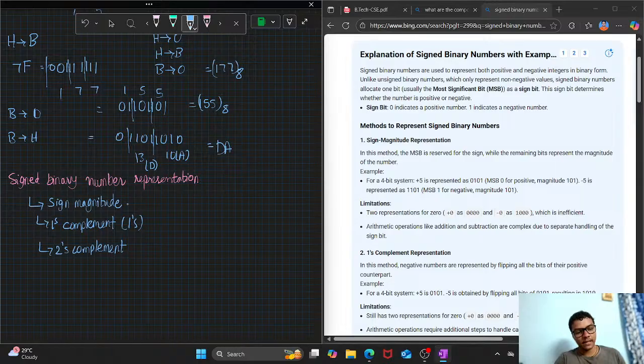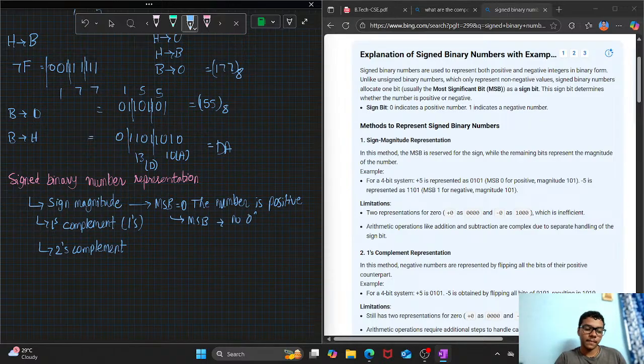So the sign magnitude is basically the MSB is 0. That means the number is positive. If MSB is 1, number is negative. Remaining bits determine the magnitude.